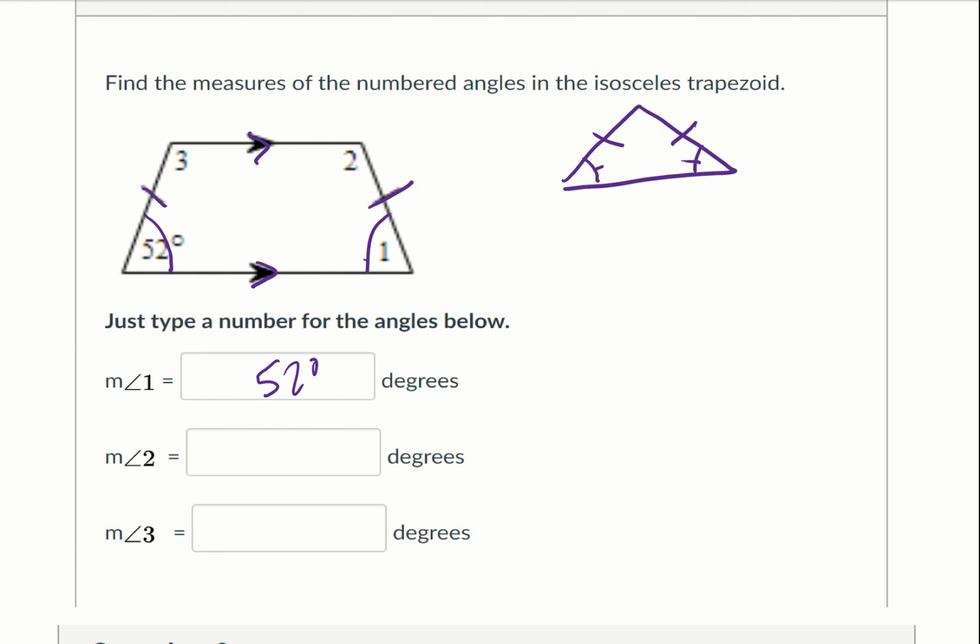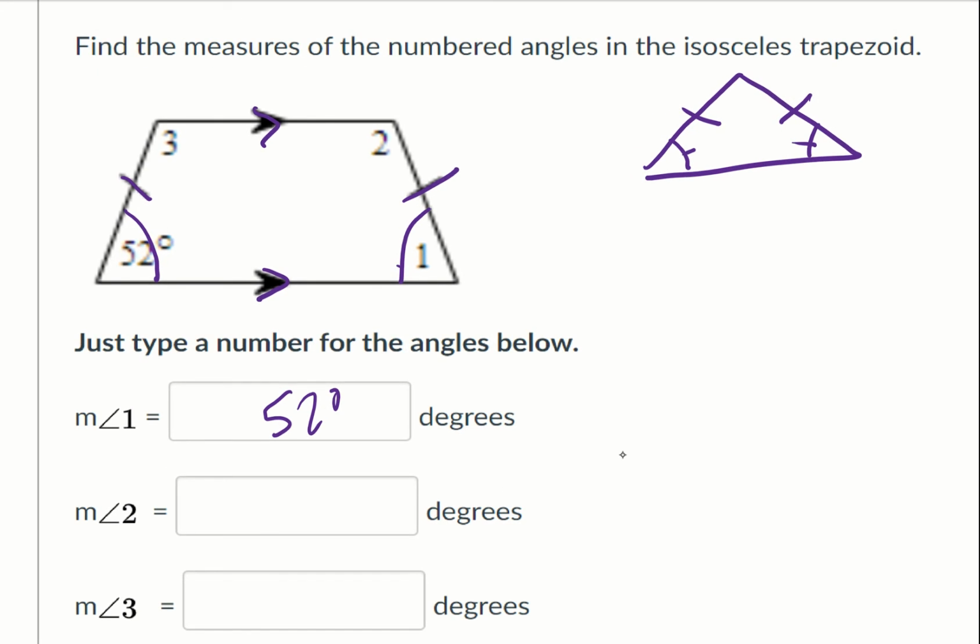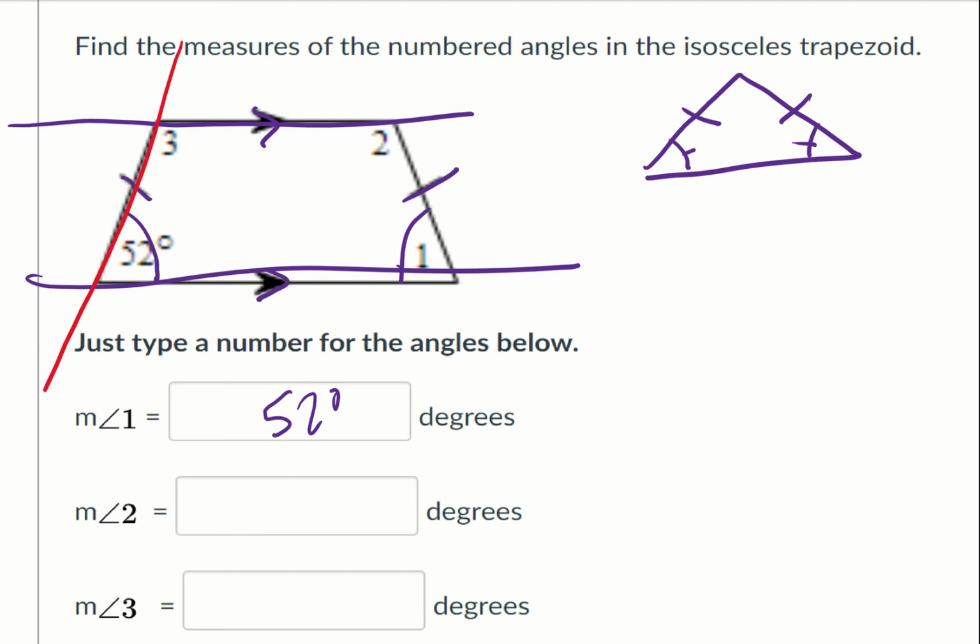Also, remember for a trapezoid that because these are parallel lines, I can think of this as a parallel line transversal problem. And notice that these two angles here are same side interior. And because they're same side interior, they have to add up to 180. Okay, so the idea is that to get angle 3, you simply have to add it to 52 to get 180.